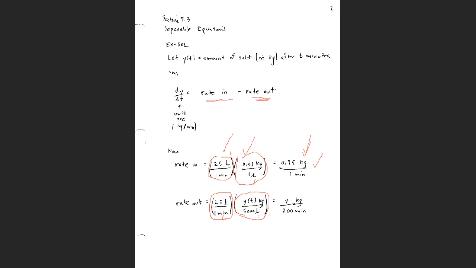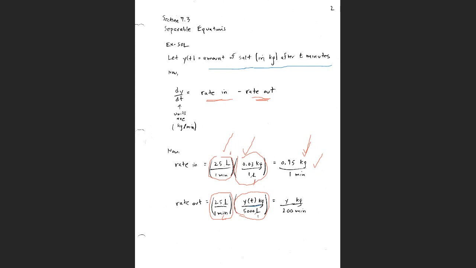Okay, so concentration in the tank, we don't know. I mean, we know that since y, remember how we defined y? y was the amount of salt in the tank after t minutes. So the concentration of salt in the tank would be the amount of kilograms divided by how big the tank is. And the tank is 5,000 liters of water.